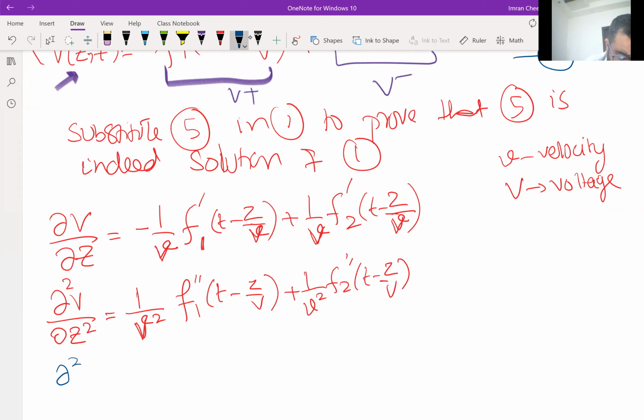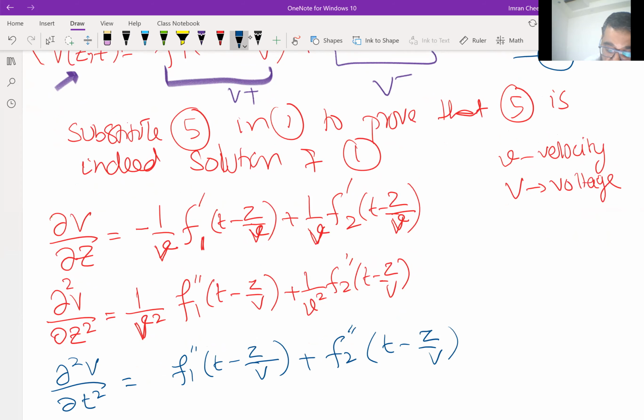You can see it actually very quickly. I'm going to write it directly. Partial square v over partial t square is equal to f1 double dash (t minus z over v) plus f2 double dash (t minus z over v). So we're taking a time derivative, so there is no constant there.